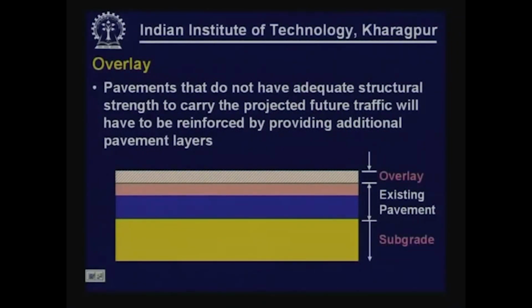Overlay is that reinforcing layer that we provide over an existing pavement. That is because pavements that do not have adequate structural strength to carry the projected future traffic will have to be reinforced by providing an additional pavement layer. Normally, there will be situations where we are trying to assess a given facility in terms of its ability to carry traffic satisfactorily or to serve satisfactorily for the next 5 years, 10 years, 15 years period.